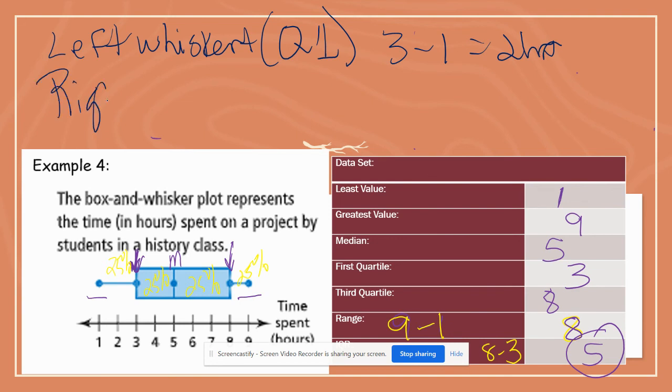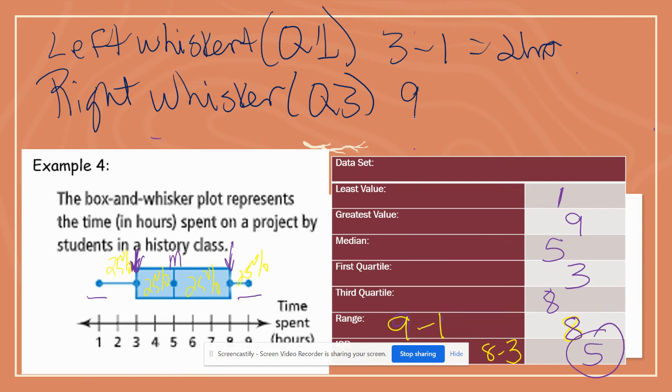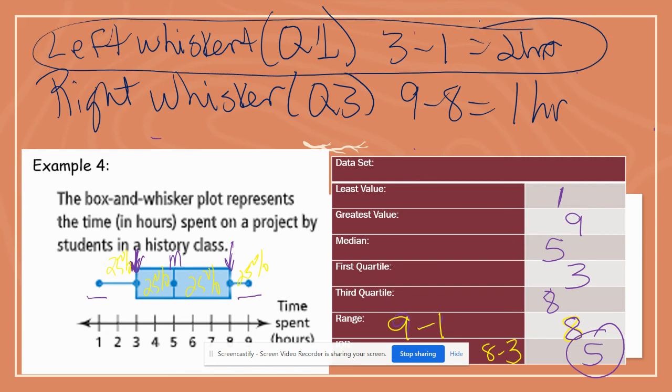Our right whisker, which is above quartile 3, is from 8 to 9 hours, and that's only a 1-hour difference. So again, the left whisker has the longest spread.